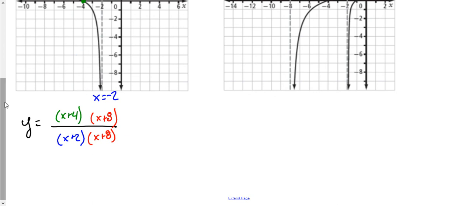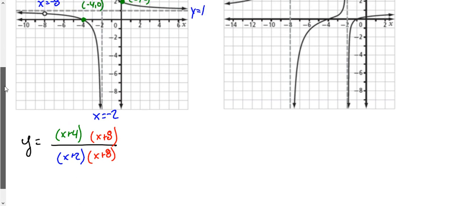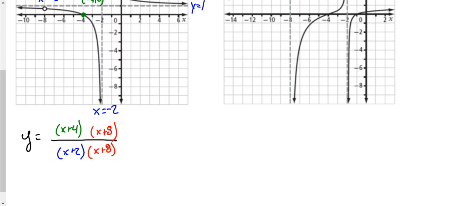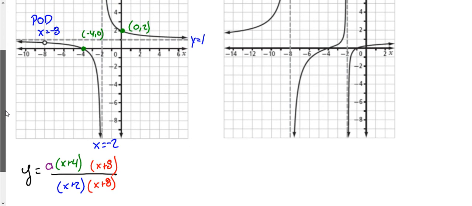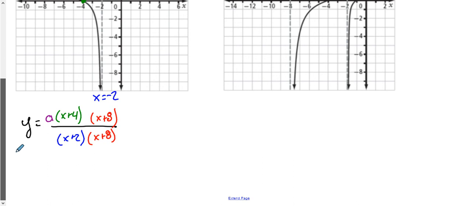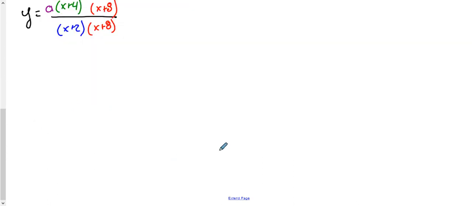We don't know what stretch factor we have, so let's put a value just in case we might have a stretch factor. So I'm going to put an a value right here, and we do want to solve to find that a value to double check if we have a stretch factor or not. The only piece of information I haven't used is that y-intercept, so that's what I'm going to use to find a. So I'm going to say 2 is equal to a, and every single x here is now going to be 0, by the way.